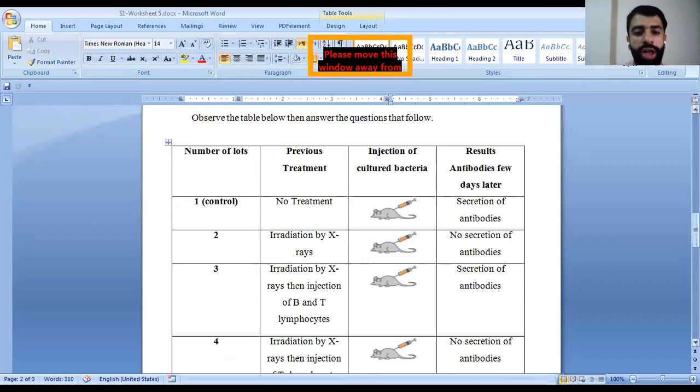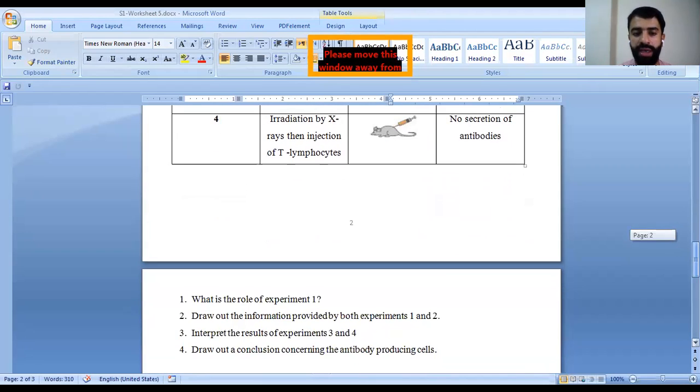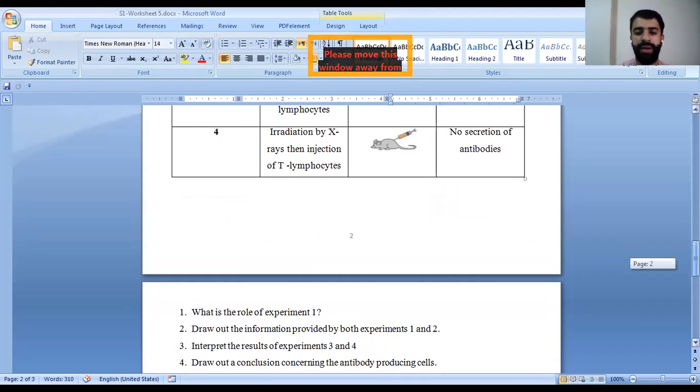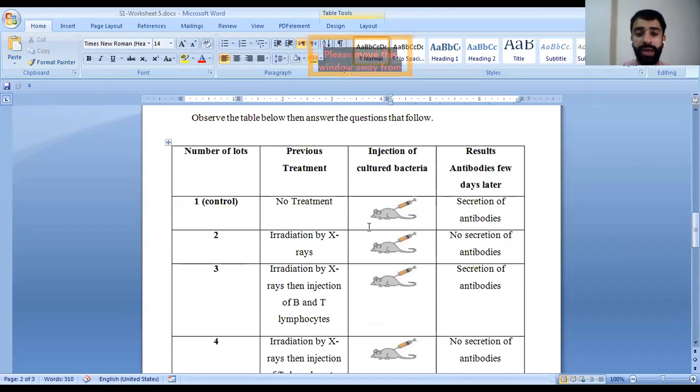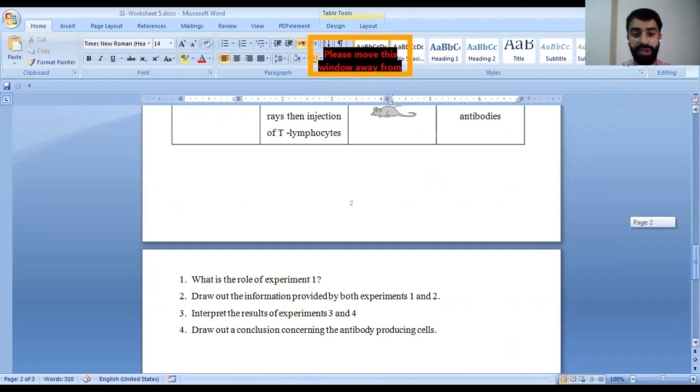It's also called control experiment, used to compare and explain the different experimental results. Draw out the information provided by both experiments 1 and 2. 1. Normal case, we have secretion of antibody. Irradiation of X-ray, which destroys the bone marrow, no secretion. So bone marrow is responsible for the production of B and T lymphocytes. Okay, so it's responsible for the secretion of antibodies.